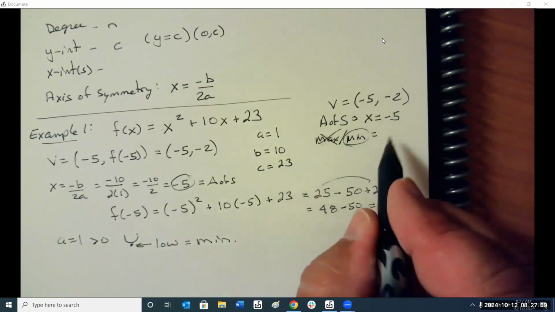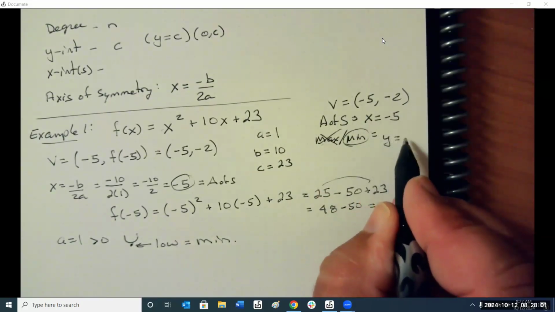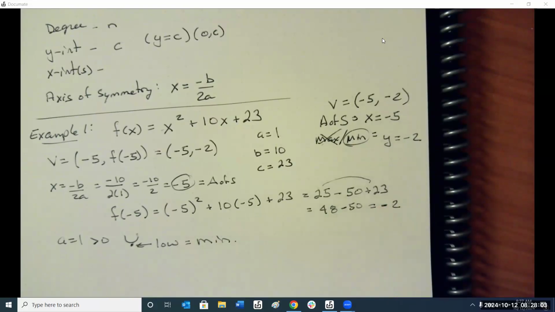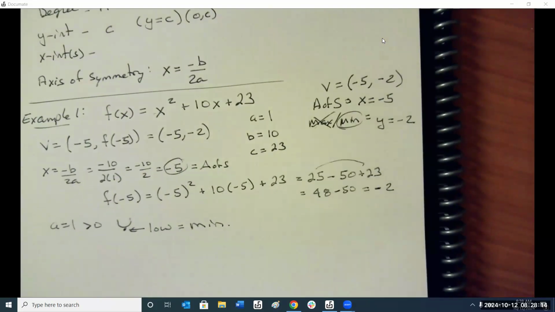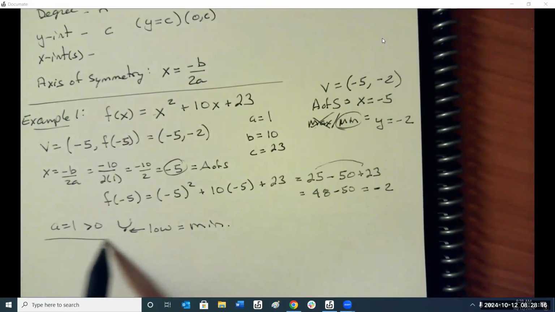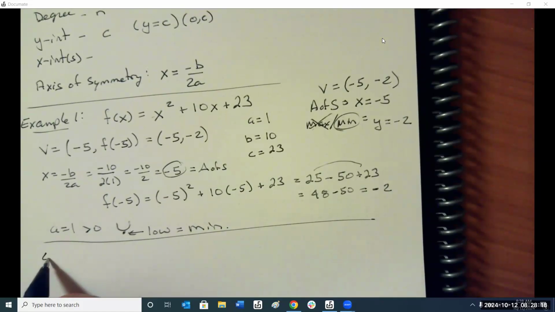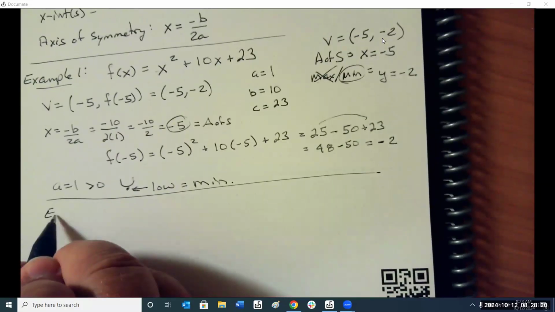So we have a min at the value of y equals -2. That's all there is to it. That's a good example too.